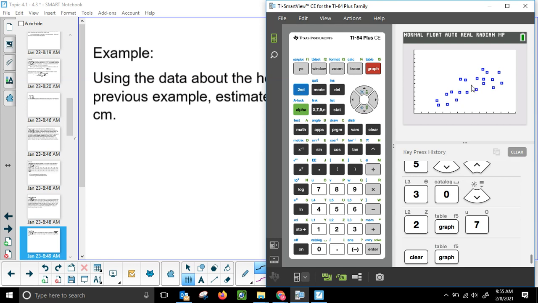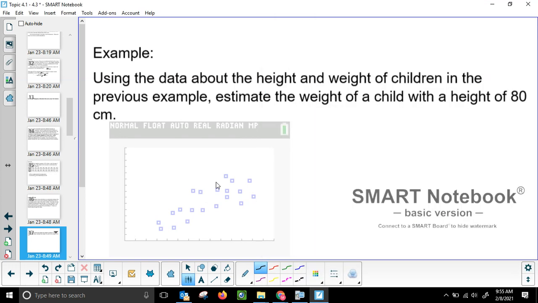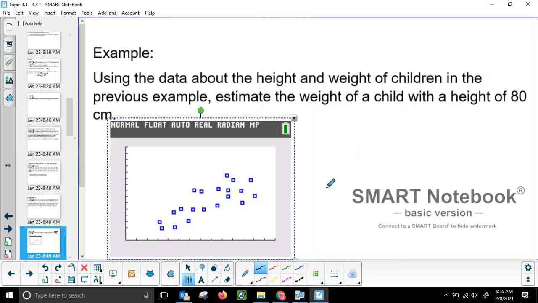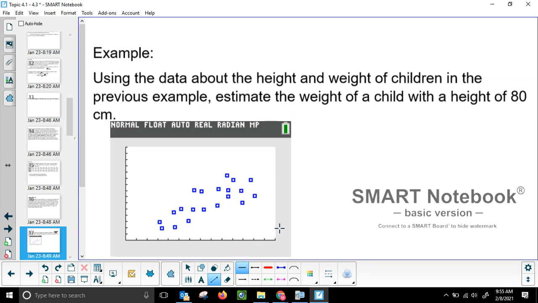So right up in here somewhere. Now we would want to draw a line through here, which is going to be hard for me to do. Let's see if it'll actually let me add it here. There we go. Now I can draw some line of best fit.